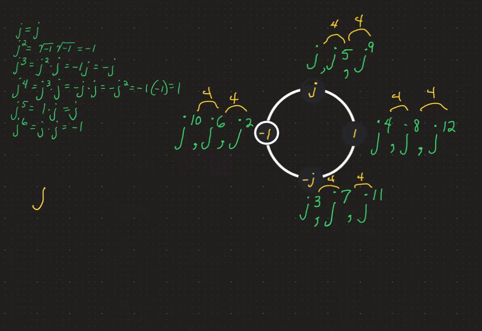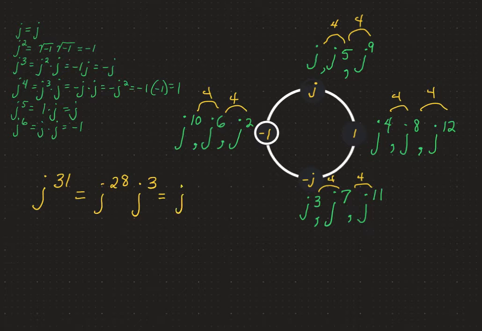And j to the 31st would equal, let's see, what is the largest multiple of 4 that can be subtracted from 31? That would be 28. And if we subtracted, that would leave us 3 left over. Checking, 28 plus 3, you get 31. Okay, we're good.